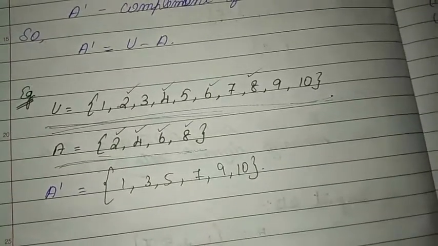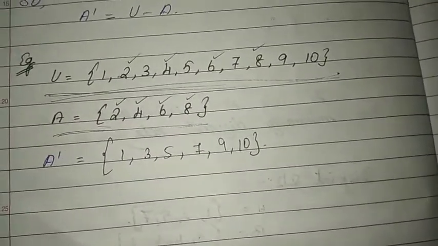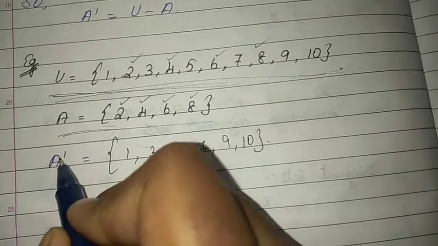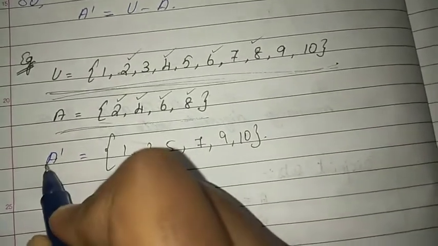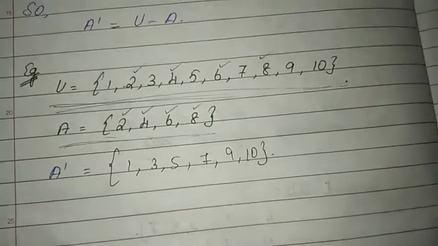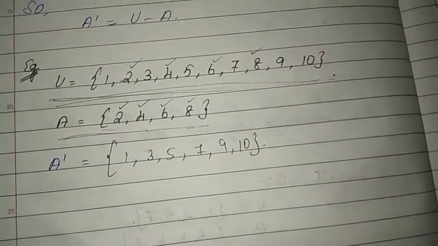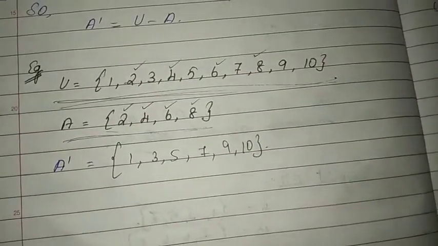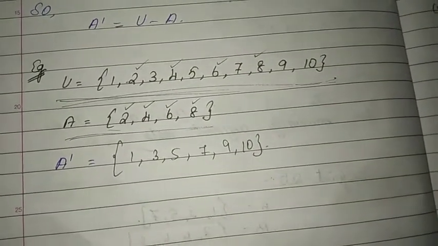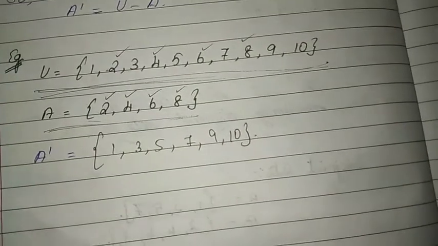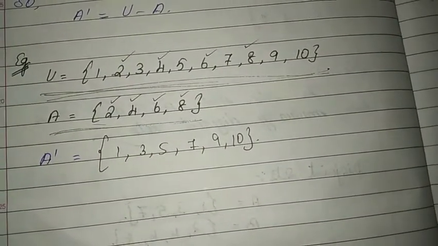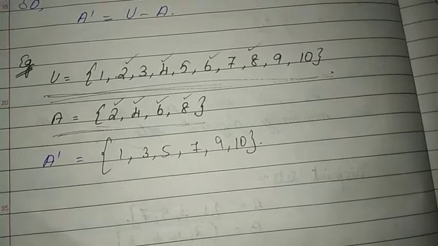This is the required set, A complement. A dash means it is A complement. A dash means except the elements that are present in A, we will be writing all the elements from set U, that is the universal set.